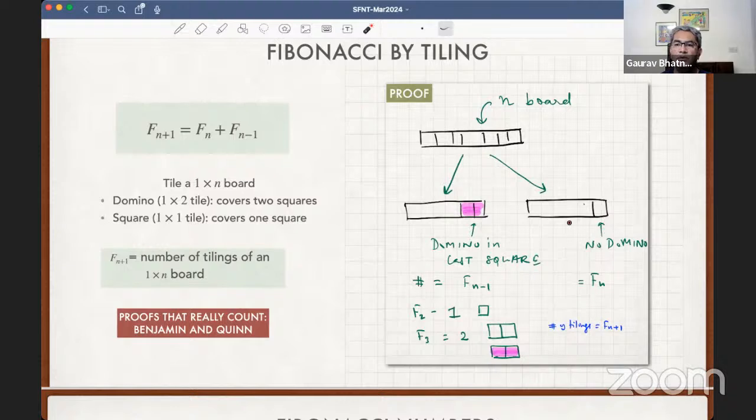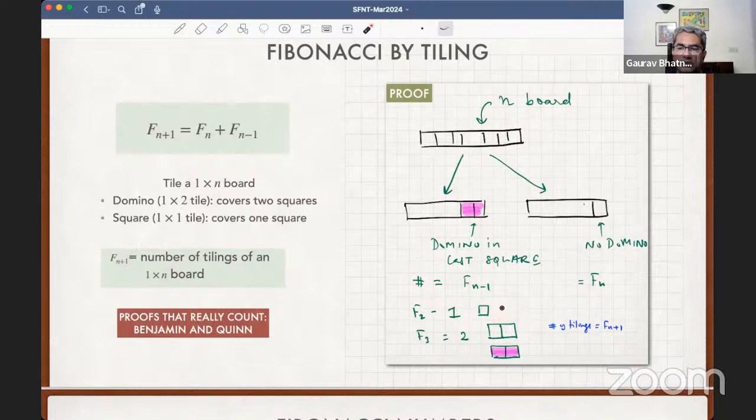And if there's no domino, you can just cut this last square, and the tilings are the same as over here. So the number of tilings of an n board is F(n-1) plus F(n), and this means that the recurrence relation is satisfied.